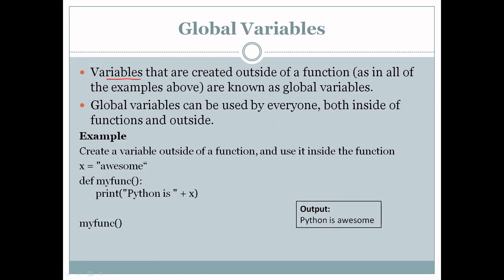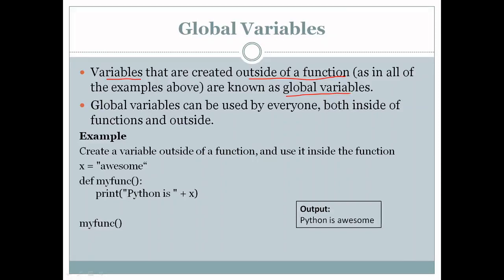Variables that are created outside of a function are known as global variables in Python. As in C, the variables which are declared outside main are called global variables.